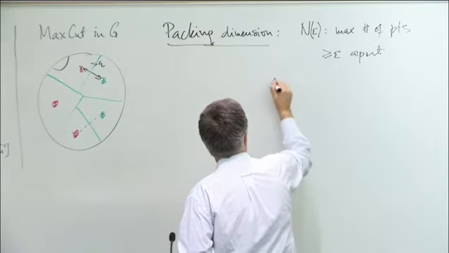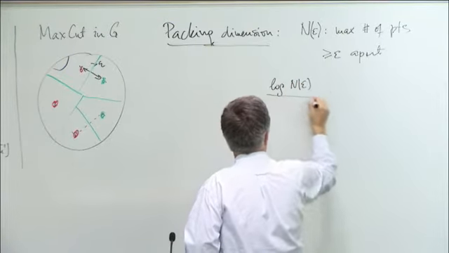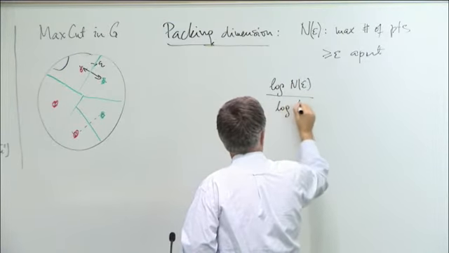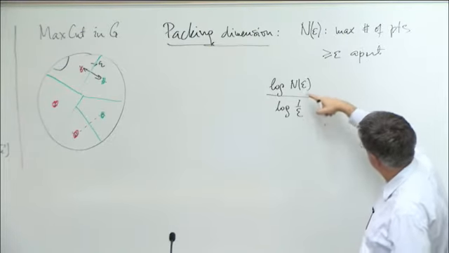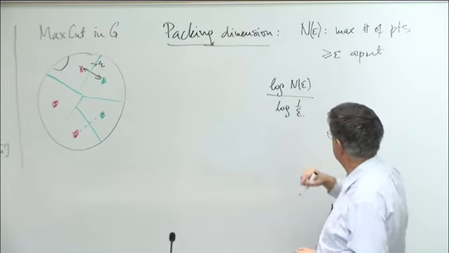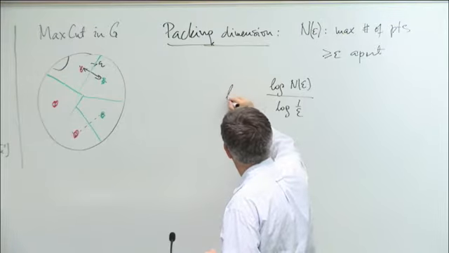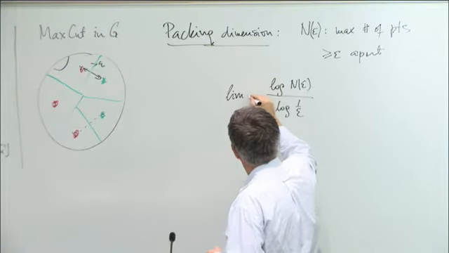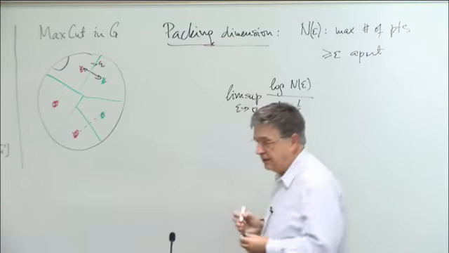And then we take this log of N of epsilon and normalize by the log of 1 over epsilon. That really means that we are looking at the exponent, how fast this grows as a function of 1 over epsilon. And then take the lim sup of this as epsilon goes to 0.